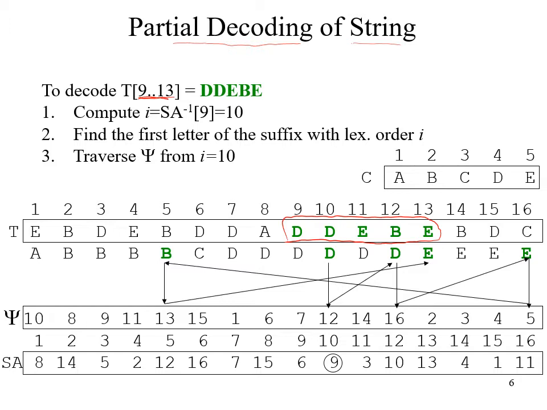First we compute SA inverse of the first position. SA inverse is computed by a similar algorithm to compute SA, and it takes order H time. In this case, SA inverse of 9 is 10. This means that the suffix starting at position 9 has lexicographic order 10.